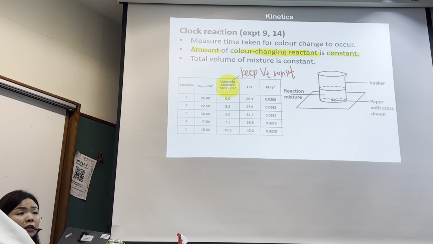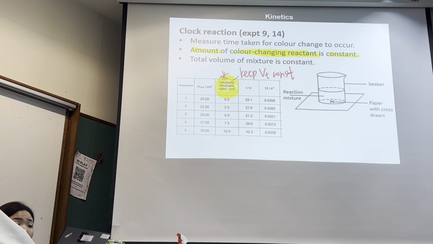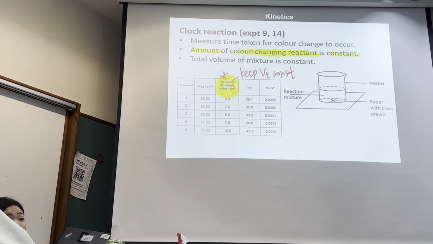So if you need less, please make sure you top up with DI water. Alright, they will tell you, so you need to have this column here. Again, the first column, sometimes they will tell you, sometimes they will get you to decide your own volume. Either way, as long as you keep total volume constant by adding water, you should be okay.